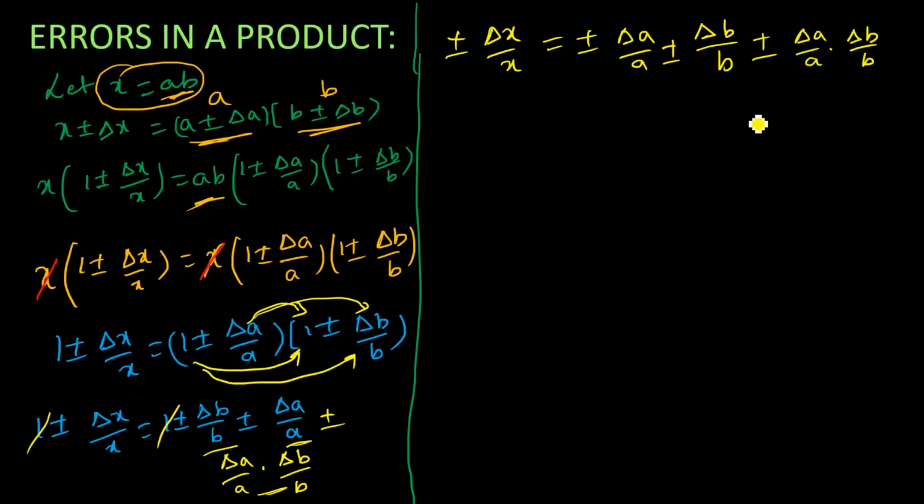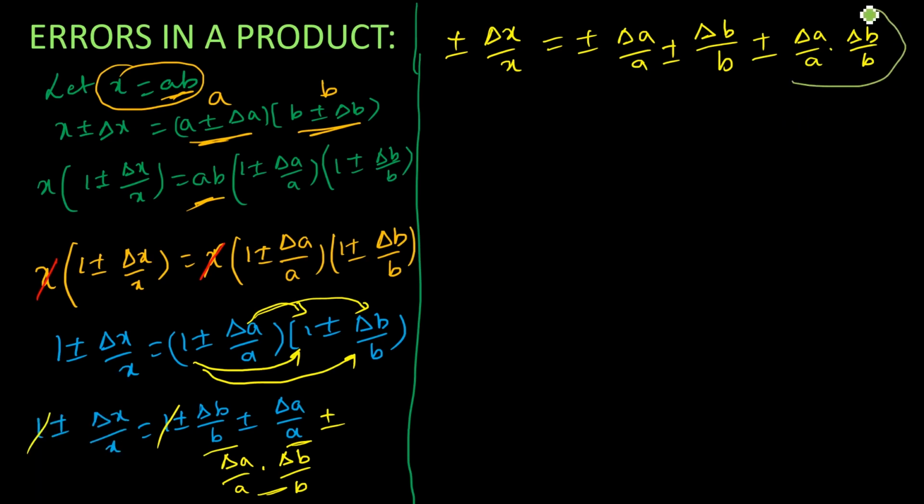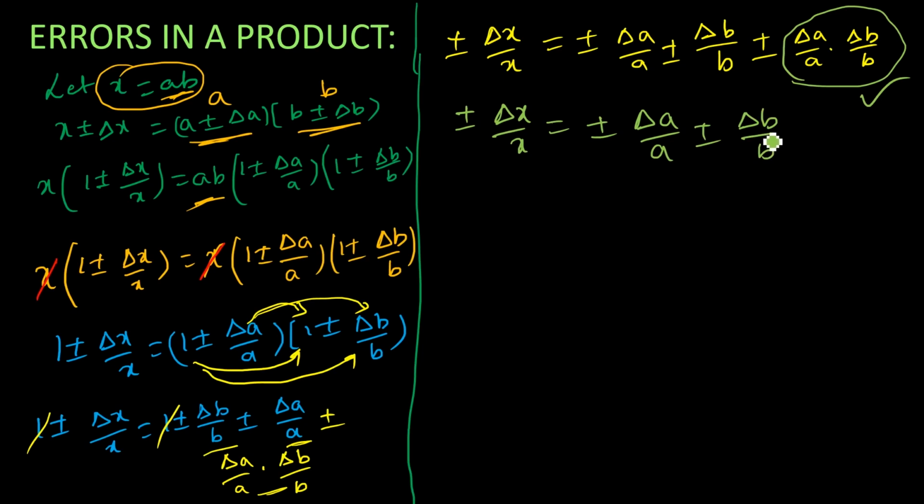Now here 1 is there on both sides, so 1 can be cancelled. Then the remaining: plus or minus delta x by x equals plus or minus delta a by a, plus or minus delta b by b, plus or minus delta a by a times delta b by b. If you multiply these two, you get a second-order term, which is very small compared to the rest, so it can be neglected. Then plus or minus delta x by x equals plus or minus delta a by a, plus or minus delta b by b.